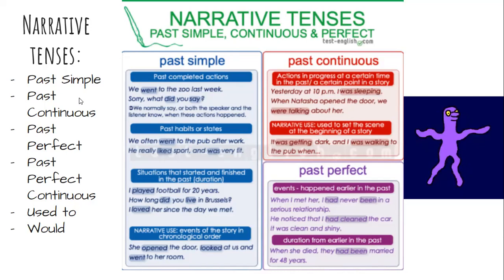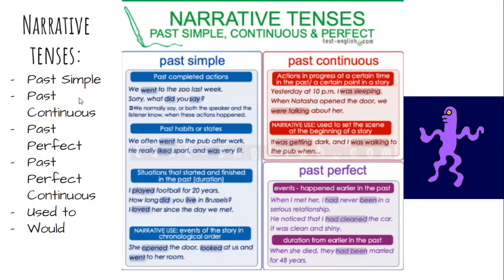Example: I was walking home the other day when I saw a huge dog crossing the street. So I saw a huge dog. That's an interruption of the continuous event. So we have 2 uses for that: the past simple for a sequence of events, and also as an interruption for the past continuous.